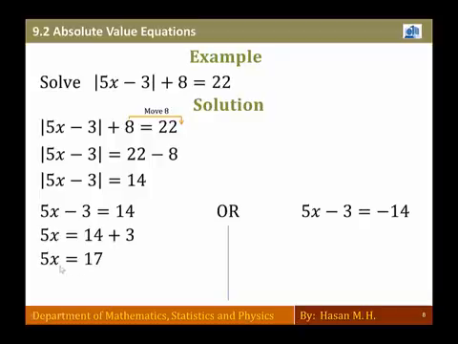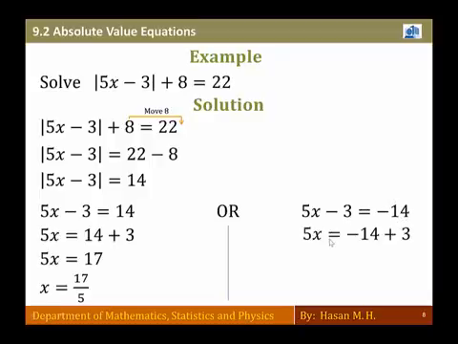We will have 5x equals 17. Divide each side by 5. We will have x equals 17 over 5. Now solve the other equation. 5x minus 3 equals negative 14. Move negative 3 to the other side of the equal sign.